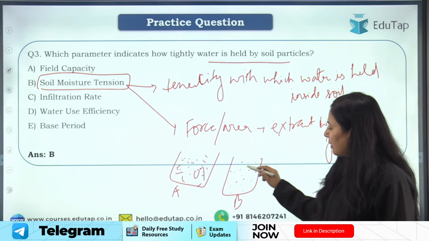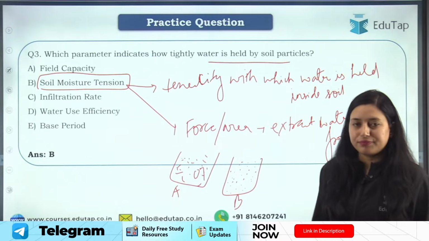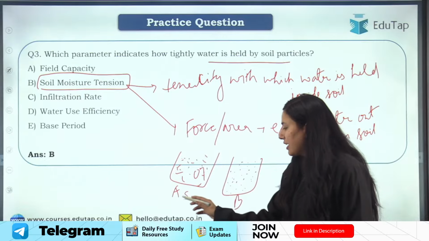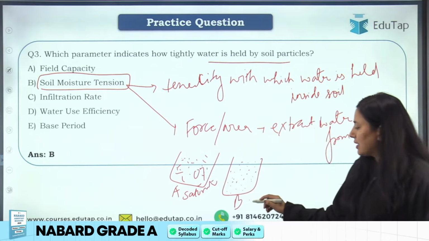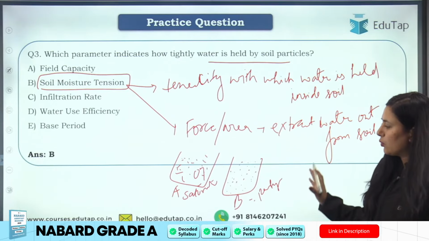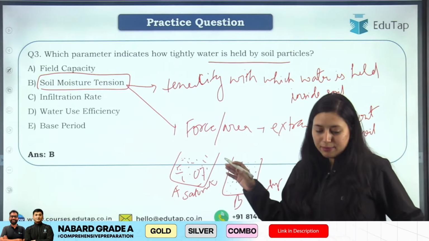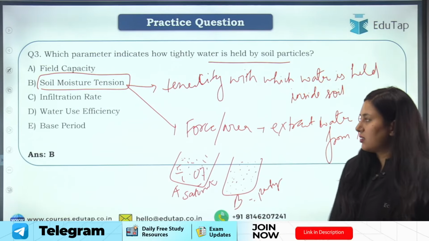Now you have to tell me for which case soil water tension will be more. A is a saturation condition and B is basically a partly filled water condition. You have to tell me quickly in which case soil moisture tension will be more. Anybody with the right answer?